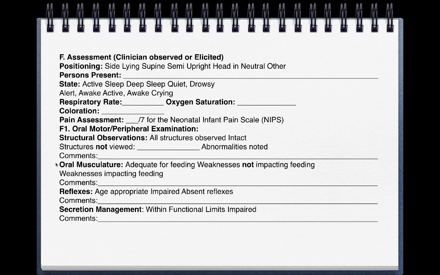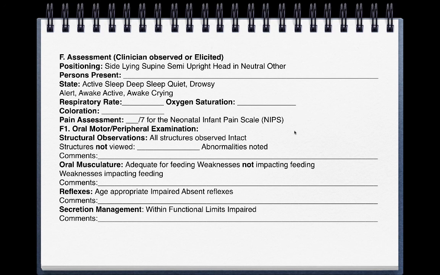But you're going to be looking for weakness and reflexes and their ability to manage secretions, and you're going to do your very best to observe any structural defects in the infant. You're also going to be looking at certain behavioral and respiratory factors that have to do with how alert and awake the baby is, how oxygenated they are, and if the baby seems to be in pain.